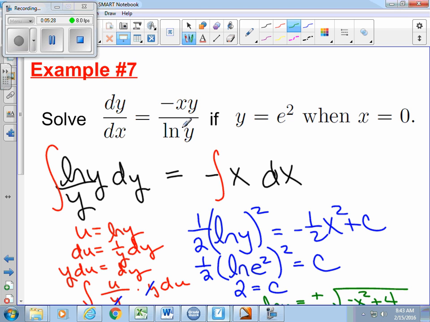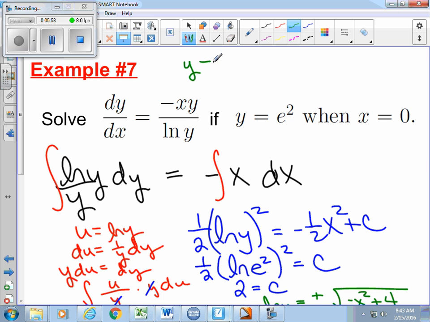We have a fraction, we have a natural log, we have a square root. Logarithms can't be negative or 0. Square roots can't be negative. And denominators can't be 0. Thank you.